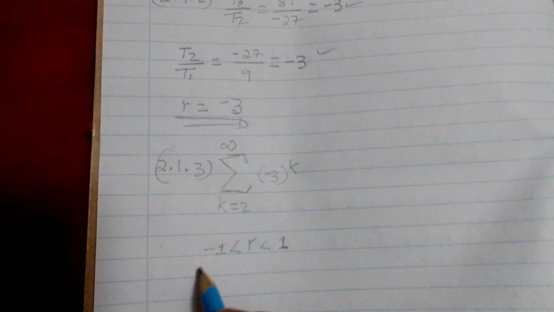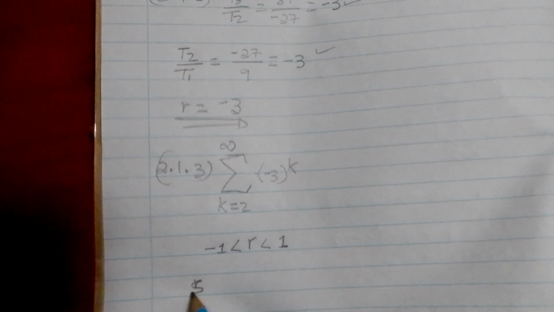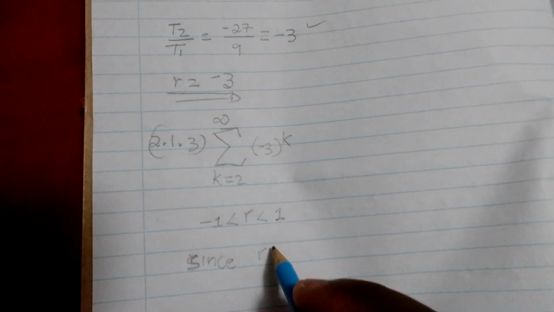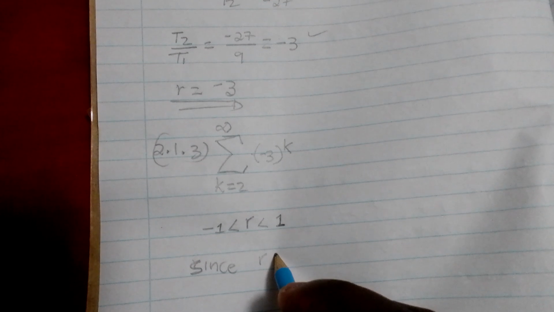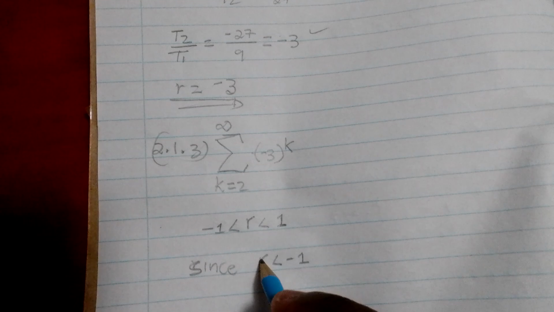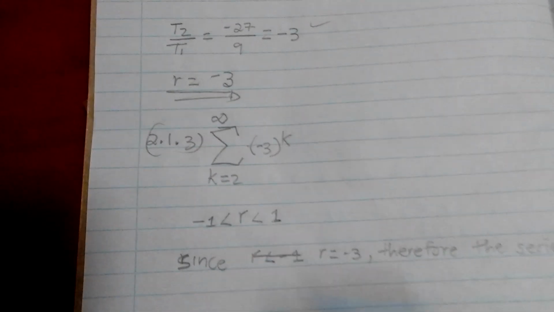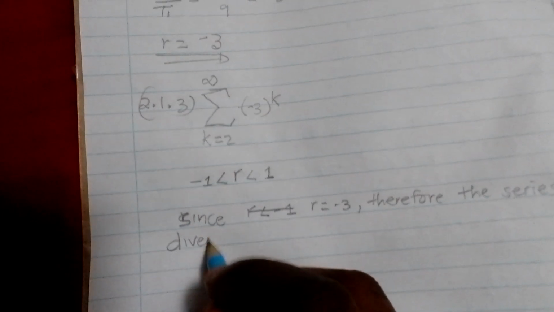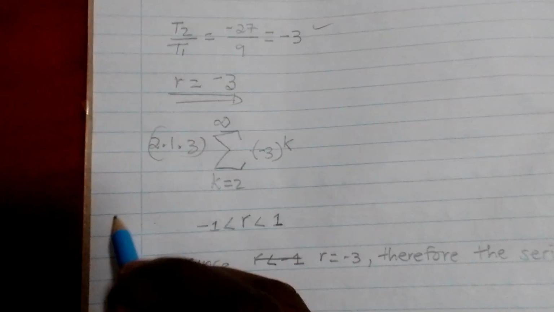So we can actually conclude that since our r is less than negative 1, since our r is equal to -3, therefore the series diverges instead.